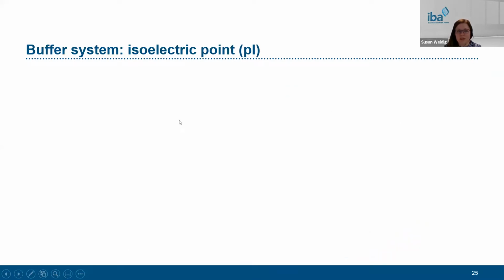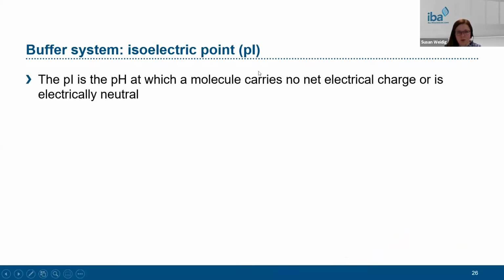Yeah, at the beginning, I mentioned it is necessary to know the isoelectric point of your protein. So the isoelectric point, or in short, the pI, is the pH at which a molecule carries no net electrical charge or is electrically neutral.